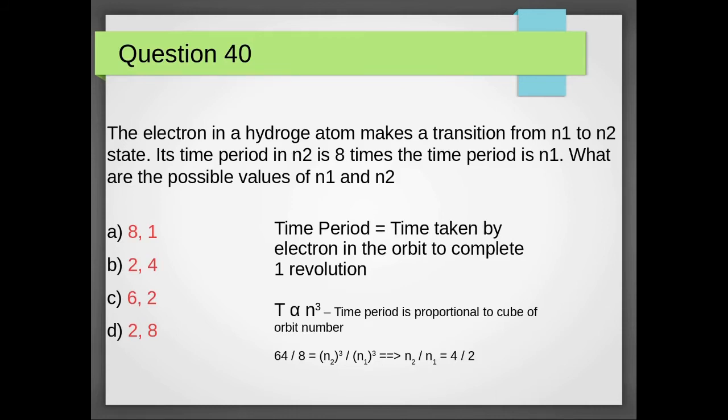If I choose 8 as the first orbit's time period, then the second orbit's time period will be 8 times 8, which is 64. Now when I take the cube root on both sides, I get N2 by N1 as 4 by 2, which means N1 equals 2 and N2 equals 4, which leaves me option B as the right answer.